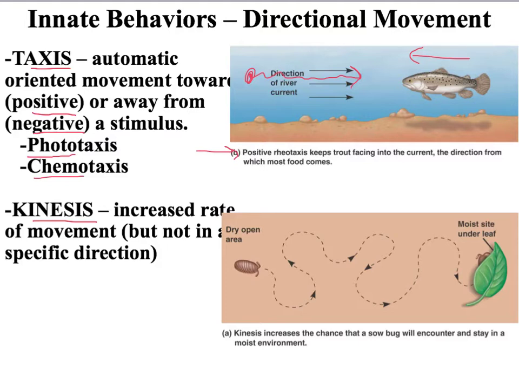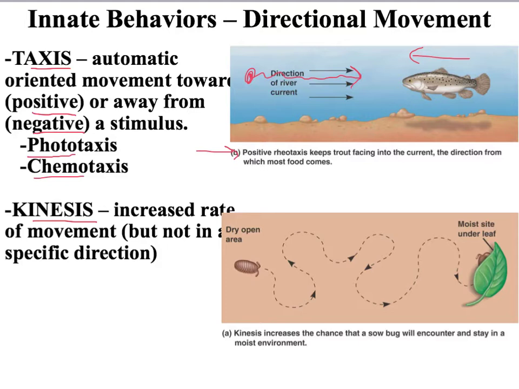The example of kinesis that's given here is with a sow bug, or a roly-poly, and roly-polies like dark, humid areas. You've probably noticed this if you've ever picked up a brick or looked under a brick for some insects. As soon as light hits the area under the brick, which is normally dark, the animals don't necessarily go directly into a dark place.